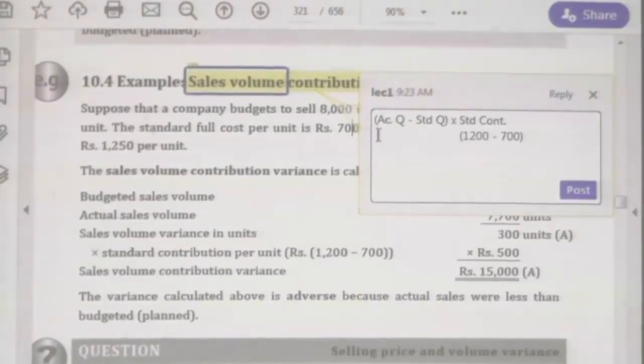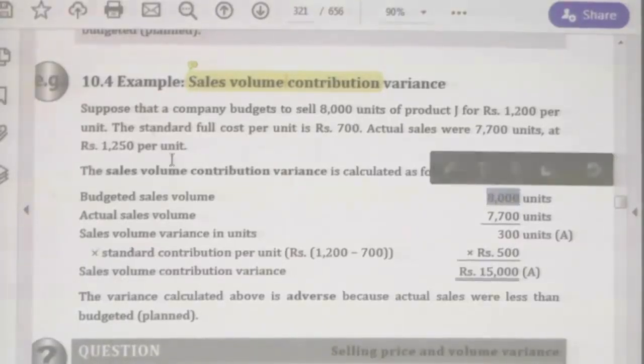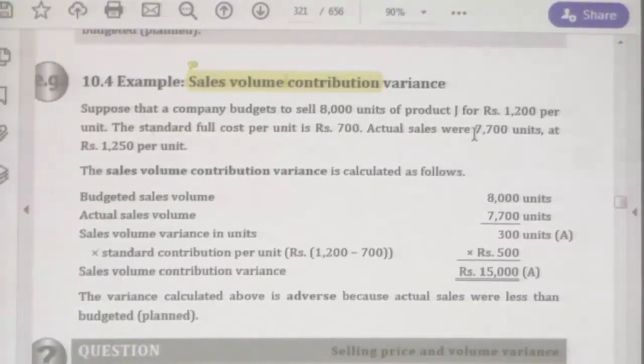Now we need the actual quantity and the standard quantity in order to calculate the variance. The standard quantity is given as 8,000 units, but actually they have sold 7,700 units.